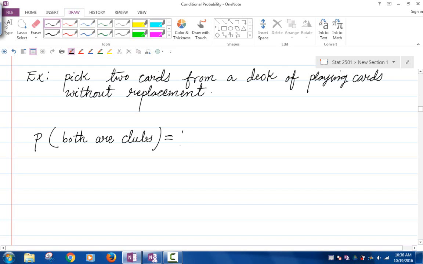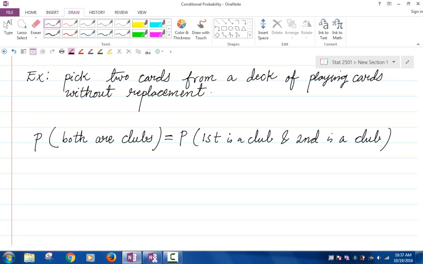Well, this means the probability that the first card is a club, and the second is a club, right? So this is "and." You think about two events. The first event is the first card is a club. The other event is the second card is a club.